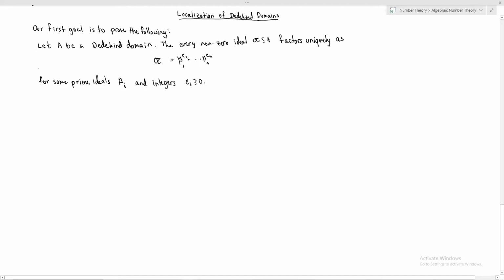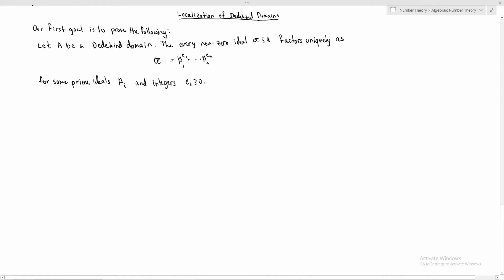So this is the first major theorem we're going to prove, and it's a result that's super foundational for the rest of algebraic number theory.